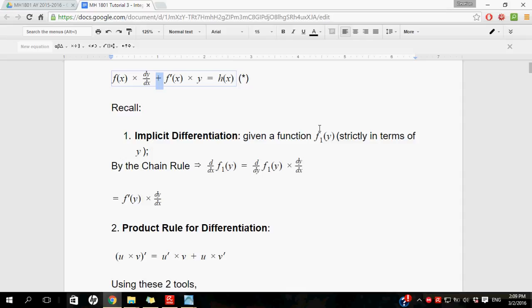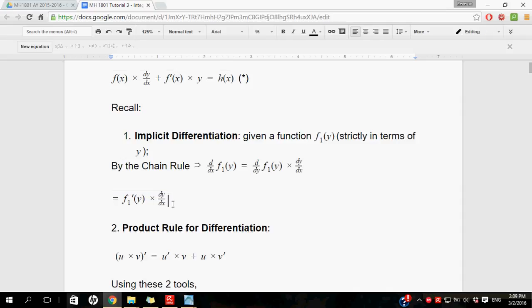If we have a function in terms of y, let's call it f1, then we can compute the derivative of f1 of y with respect to x using the chain rule. So we differentiate f1 of y with respect to y and then multiply by dy dx. This gives us f1 prime of y times dy dx.